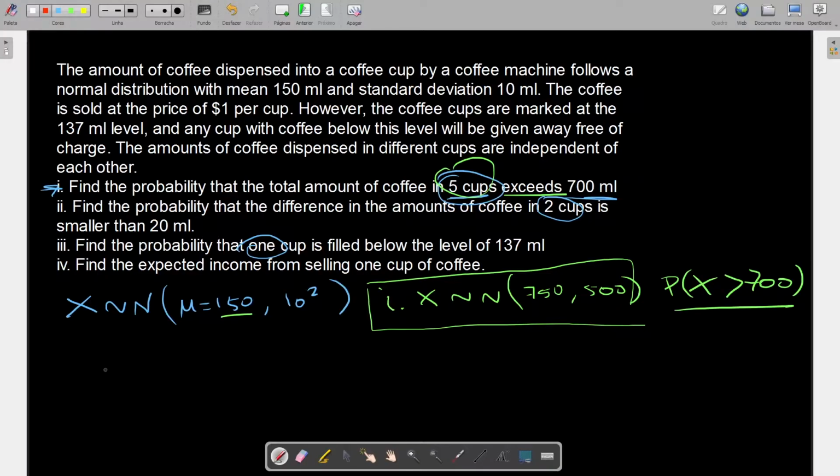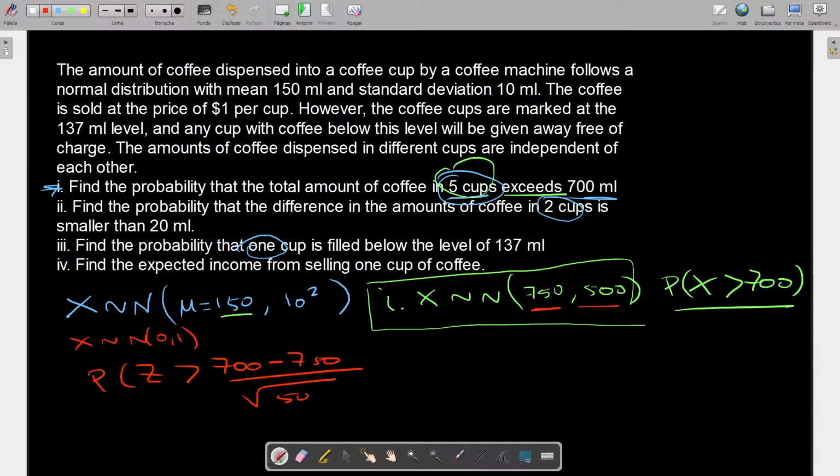In order to calculate this, we need to normalize the distribution to get it into the 0, 1 format. So we're going to say that the probability of Z is greater than 700 minus 750, which are the elements that we have in order to normalize it, divided by the square root of 500.